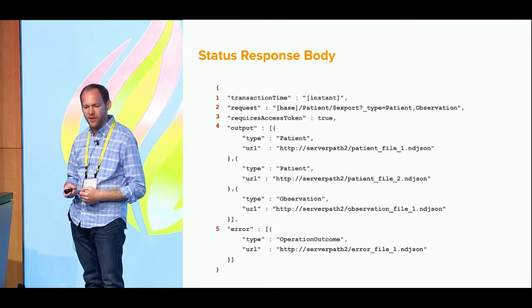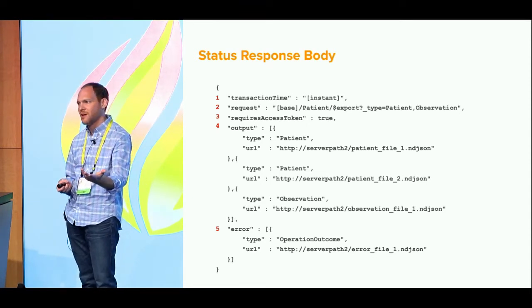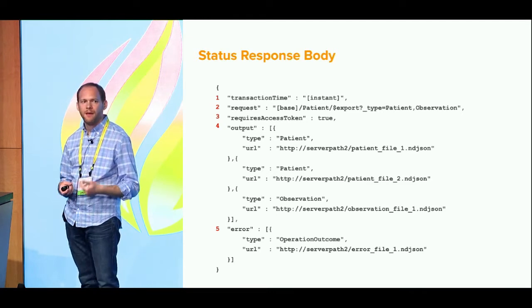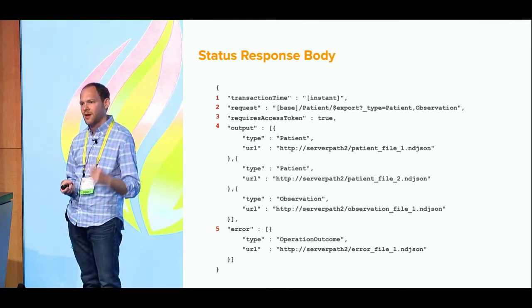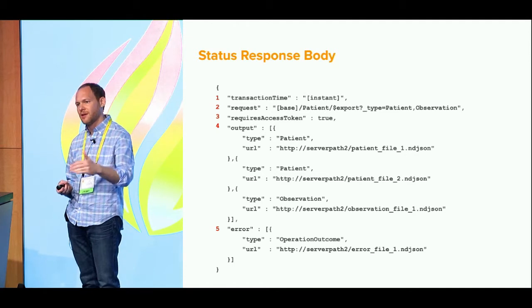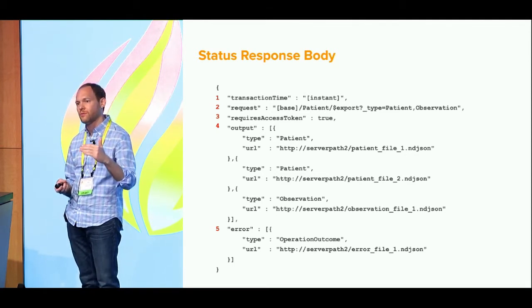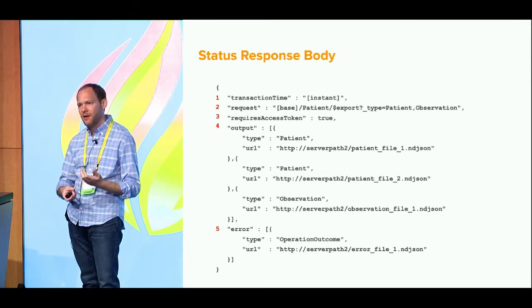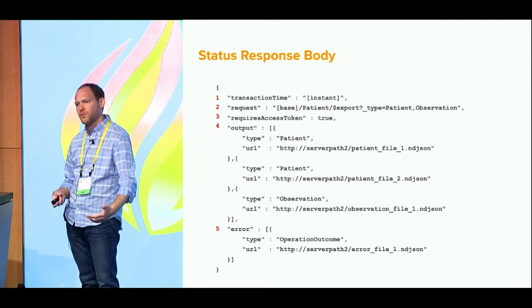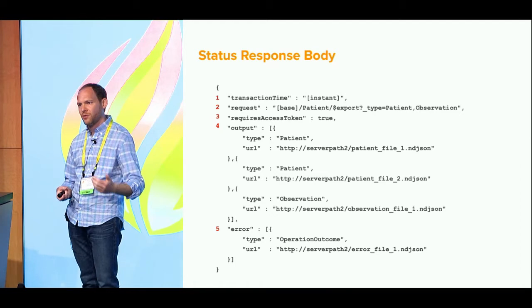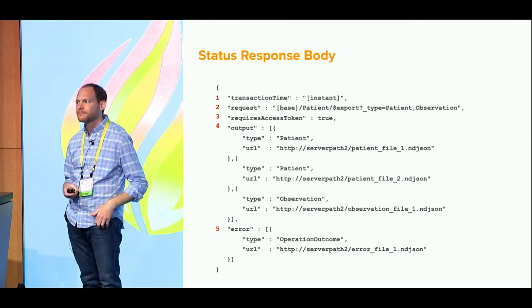So when I, for example, got patient file 1.ndjson, that might actually kick off a live operation on a server that then streams me NDJSON, or JSON rows. So you can have a little bit of that by providing this response quickly, and then as the files are requested, doing the streaming.